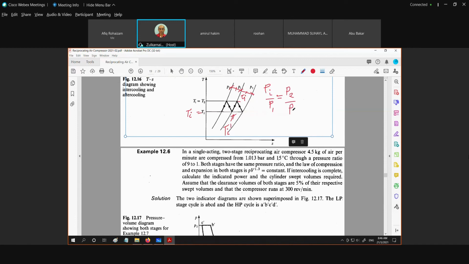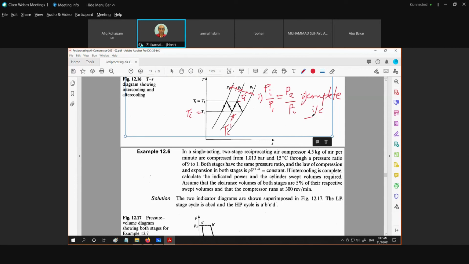Ini dikatakan sebagai equal pressure ratio. So, kalau kita lihat case begini, ini ialah bagi case untuk multi-stage compression yang dikatakan sebagai same pressure ratio, complete intercooling. Ini case yang berbeza. So, this is the case. Same pressure ratio, kita dapat yang ni. Complete intercooling, kita dapat yang ni lah.